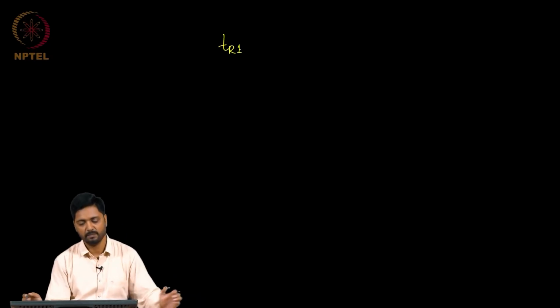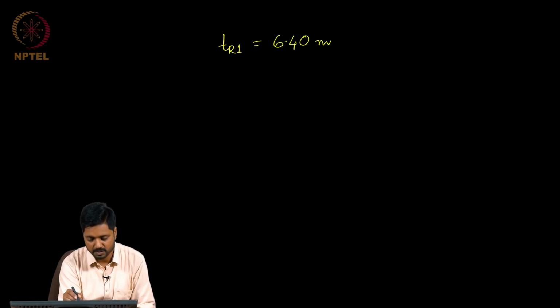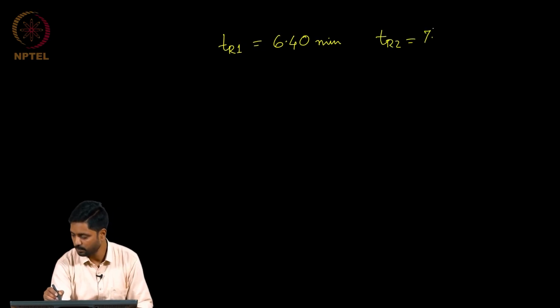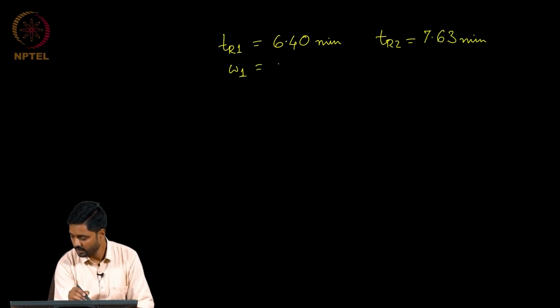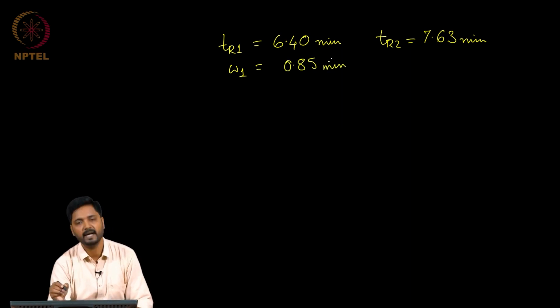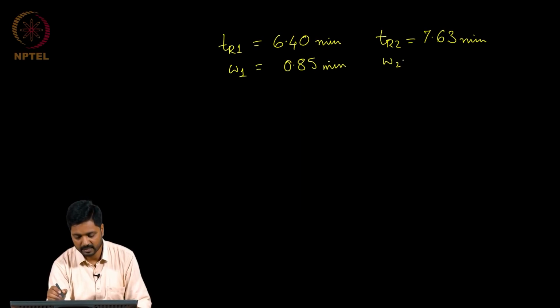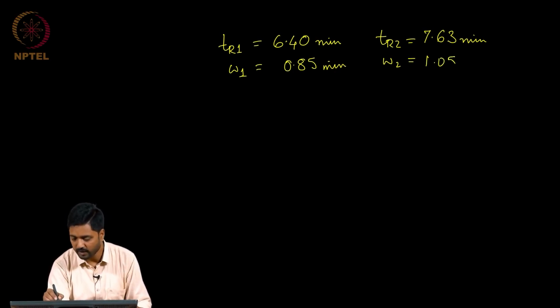So, we have retention time 1 given as 6.40 minutes, the retention time 2 given as 7.63 minutes, the width at the base for peak 1 given as 0.85 minutes, and finally, the width at baseline for analyte 2 given as 1.05 minutes.